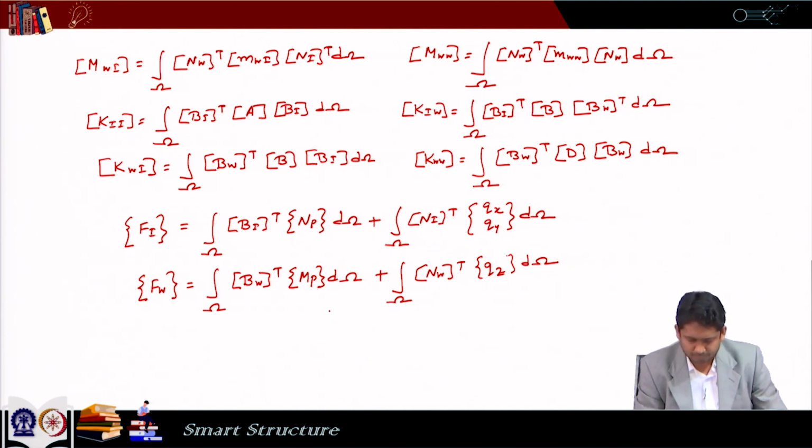Now, inside Fi, the force matrix, we have contribution from the NPs and the applied forces, and similarly in Fw you have contribution from MPs and the applied transverse forces. So, this is the entire formulation based on the Rayleigh-Ritz technique.